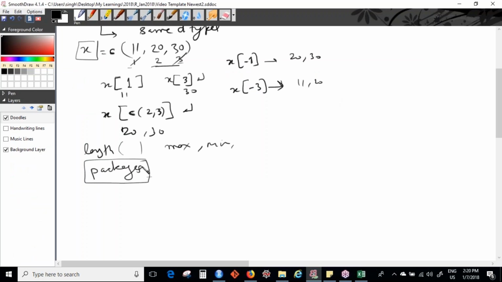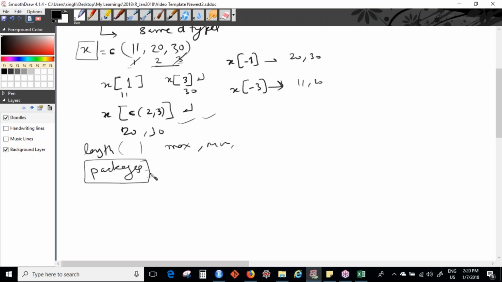Anybody who thinks that he has come up with a function which might be useful to other people can publish a package. So even you guys can publish packages if you want. Mrityunjay, indexes is already done, right? Yeah. So even if you feel that you have written a function which is very helpful and which might be of use to other people, you can publish a package with those functions.